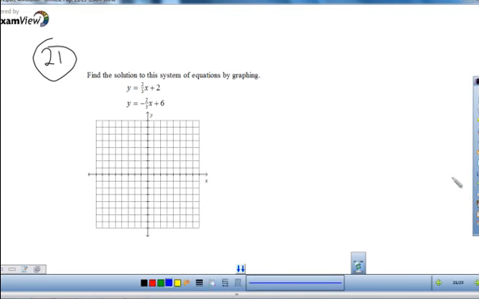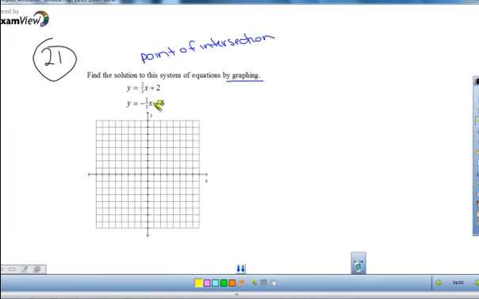Okay, so find the solution of the system of equations by graphing. So in order to solve the system of equations by graphing, we need to know the point of intersection. So we're going to graph both of these lines and find the point of intersection. So once again, we're going to start with our y-axis and our y values. So we're going to put a dot on 2.